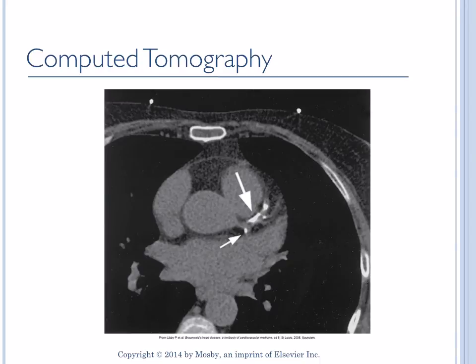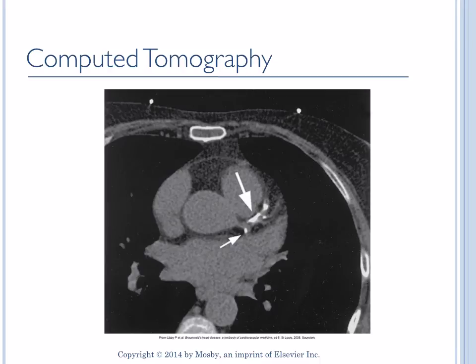This is an image of the left anterior descending artery. Where you see the large arrow, they are showing the calcification of the left anterior descending coronary artery. So plaques are depositing in that artery, and that's why it's seen in the image.